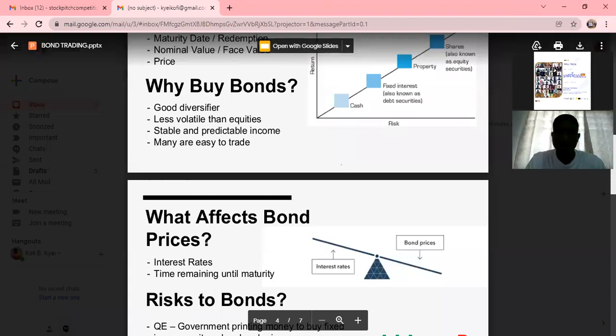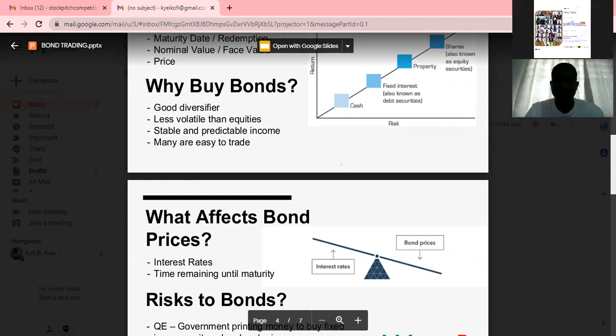So a bond is a very good diversifier in that case. Also, bonds are less volatile than equities because when you buy it, bonds basically work with interest rates, and interest rates don't change overnight like the way equity prices will change overnight. Okay, so bonds are less volatile than equities.